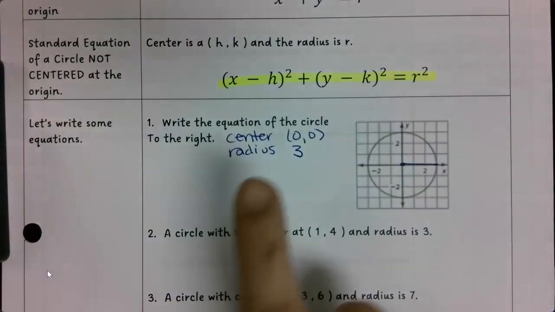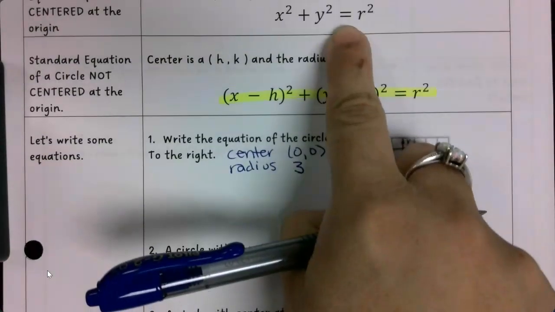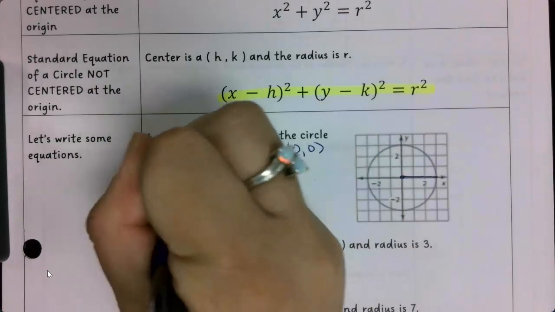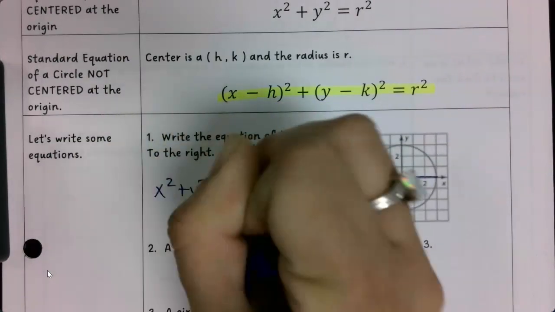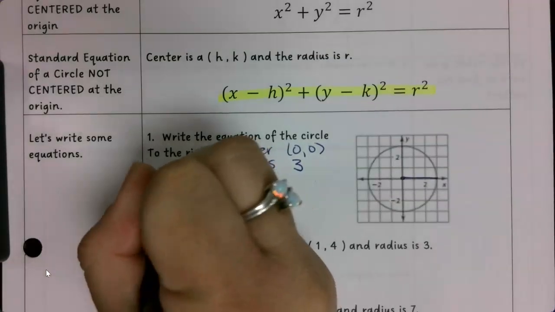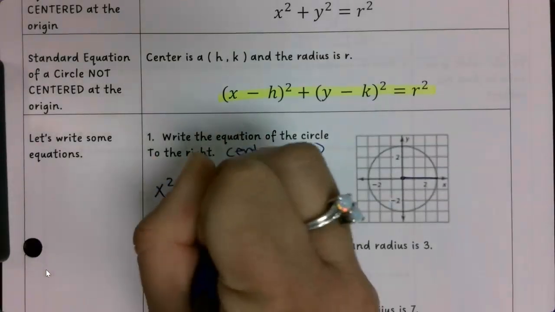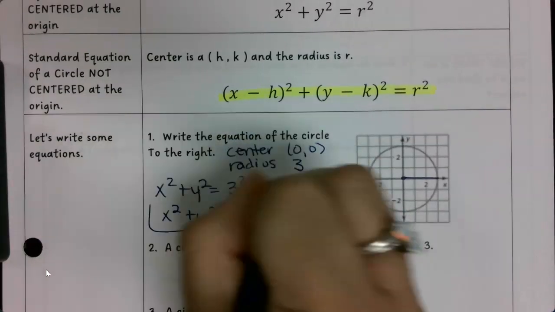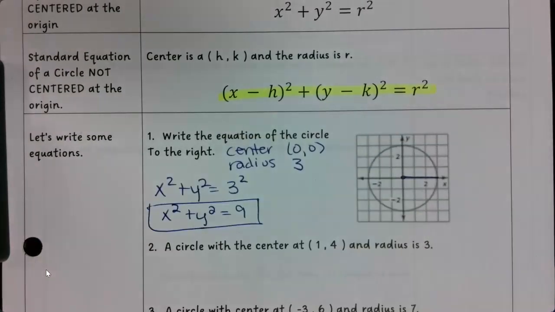So then since this one's centered at the origin, I want to use the top formula. It's going to be x squared plus y squared equals 3 squared. And then typically we will square out that 3. So 3 squared is 9, and that's my equation right there.